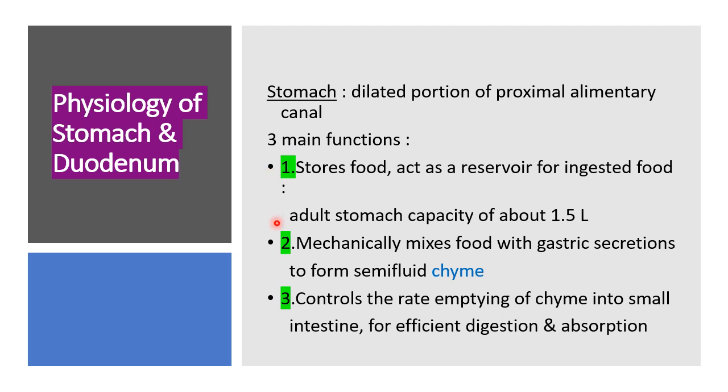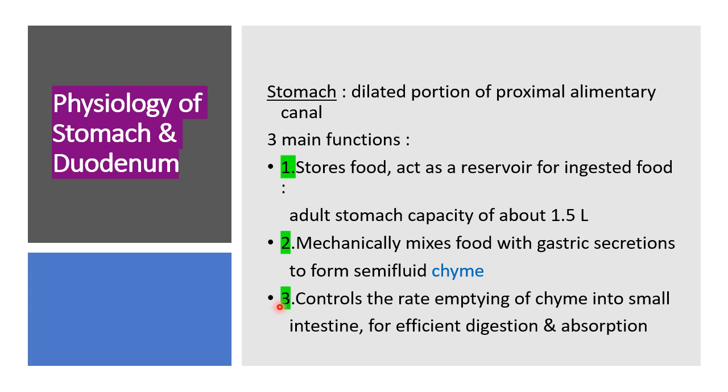The adult stomach capacity is around 1.5 liters. Second, it mechanically mixes food with the gastric secretions, and this forms the semi-fluid state of the food, which is known as chyme.